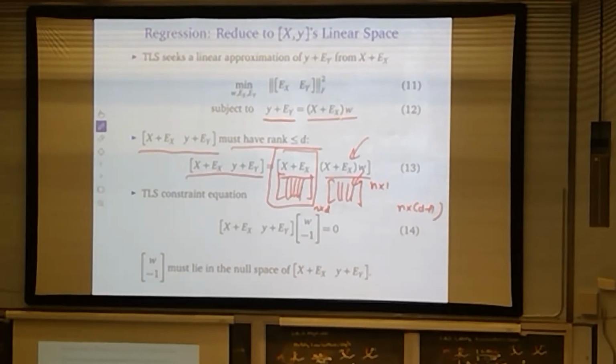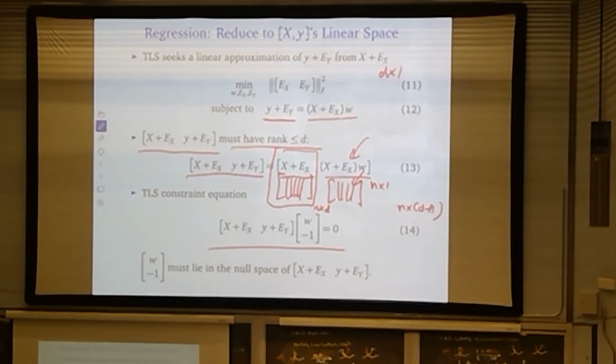If you look at the constraint function, we can say something more about it. Not just the rank is one rank less, one value less. We can also say more about the form of this solution. Since the constraint, we have to satisfy this constraint. Here in this equation, initially we only have W. All we have studied so far, we have only one variable W, which is d by 1.